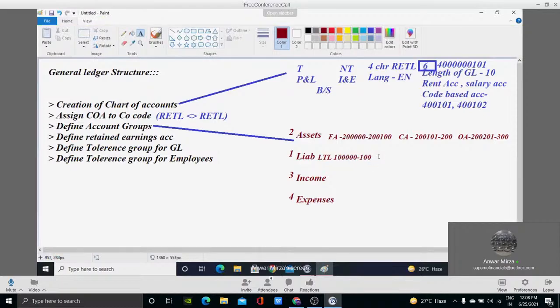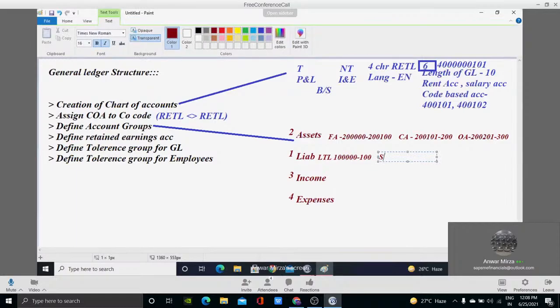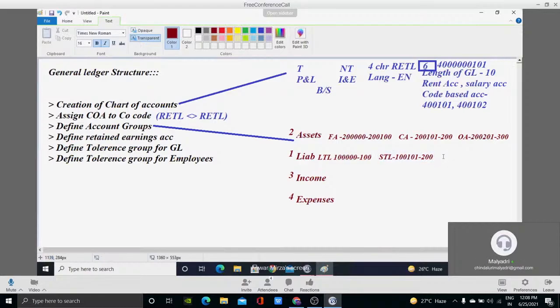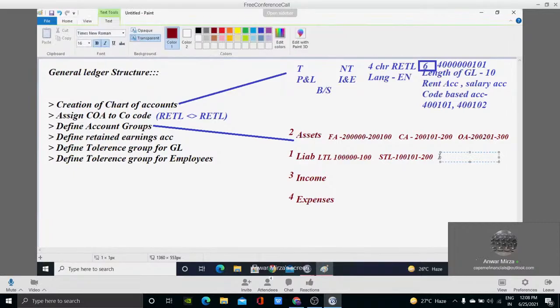Now short-term liability: you start from 1 lakh 101 to 200. Other liabilities, the unpaid expenses, starting with 1 lakh 201 to 300. Don't forget that 101 till 200 are used for short-term liability.